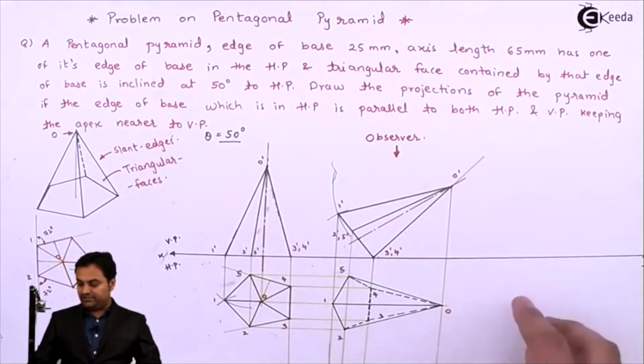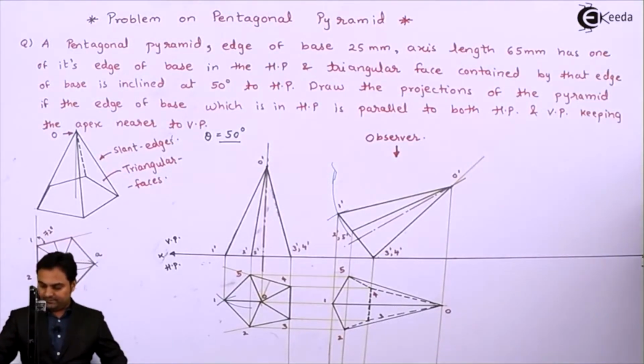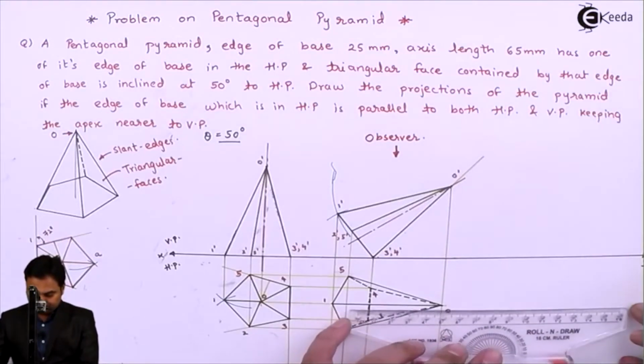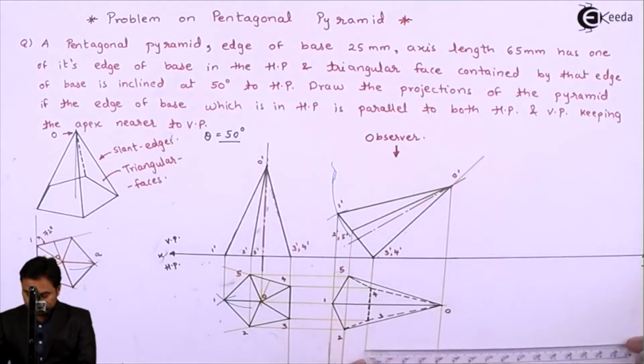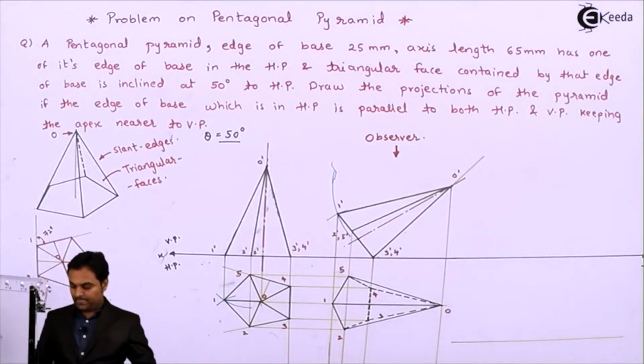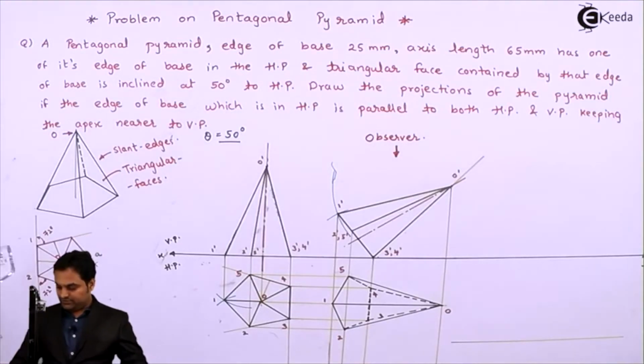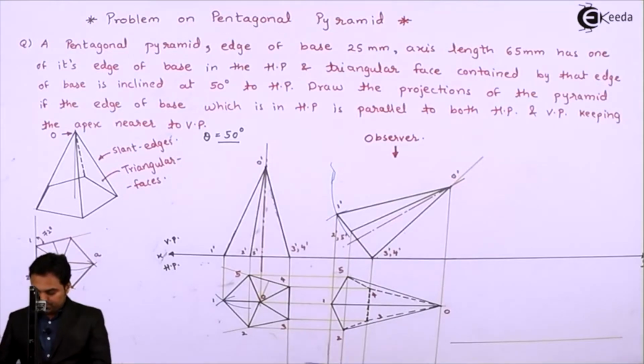It means it will be tilted in such a way that apex is there at the top. So for that, I'll draw a light horizontal line and projecting it slightly upwards as well.